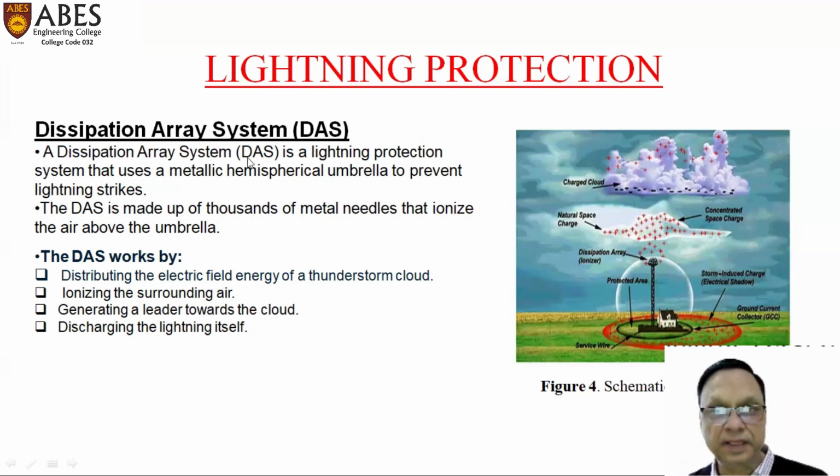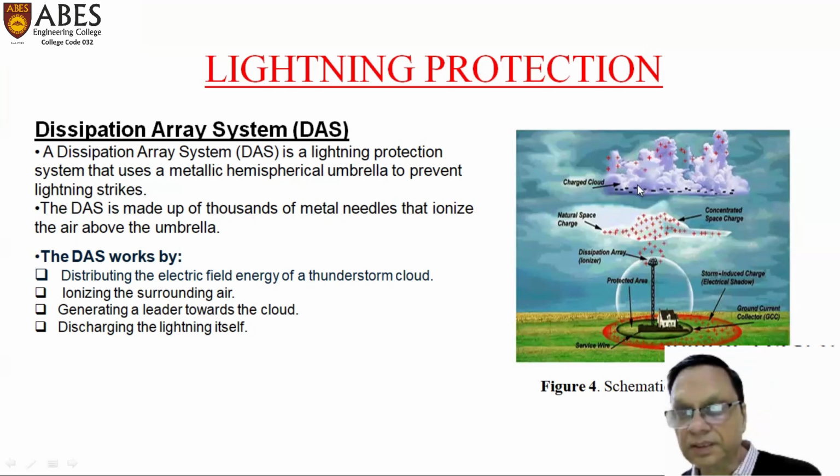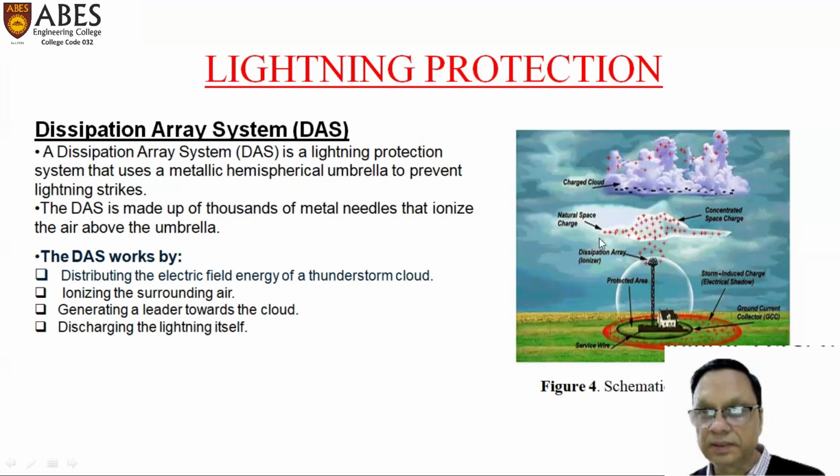A dissipation array system is a lightning protection system that uses a metallic hemisphere umbrella to prevent lightning strikes. The DAS is made up of thousands of metal needles that ionize the air above the umbrella. Here we have the charge cloud, and this is the natural space charge, concentrated space charge.